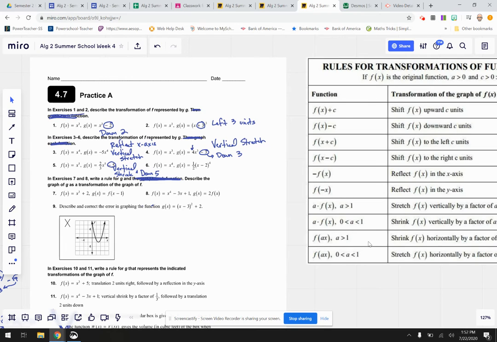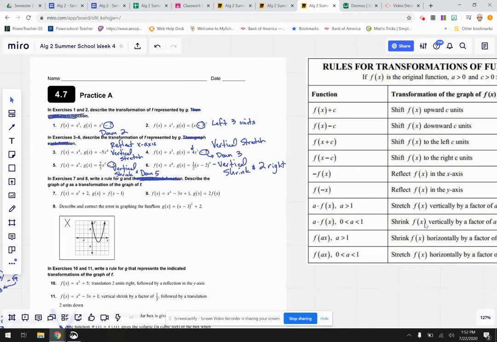Last one, you're multiplying by a half times the whole function, less than 1. So it's, again, a vertical shrink. And this time you're going 2 to the right. Vertical shrink and 2 to the right.